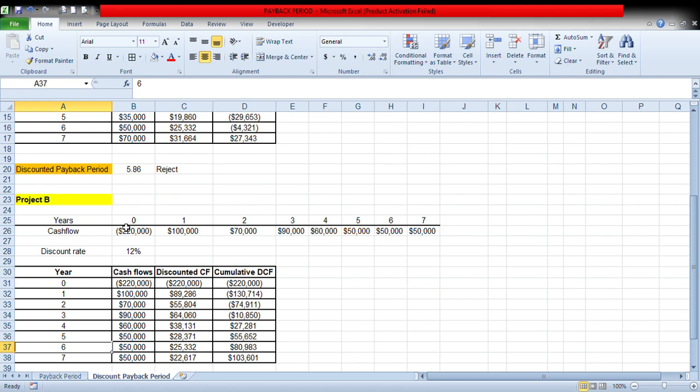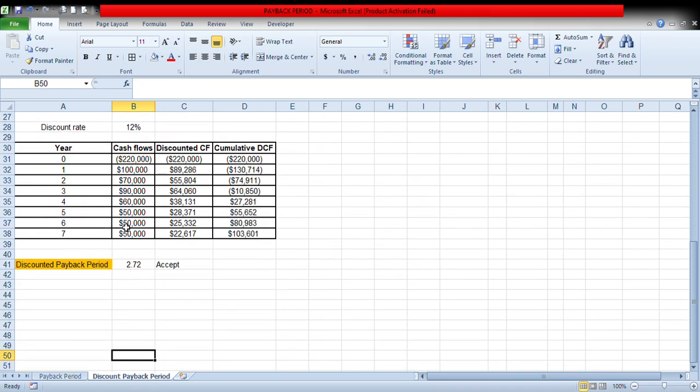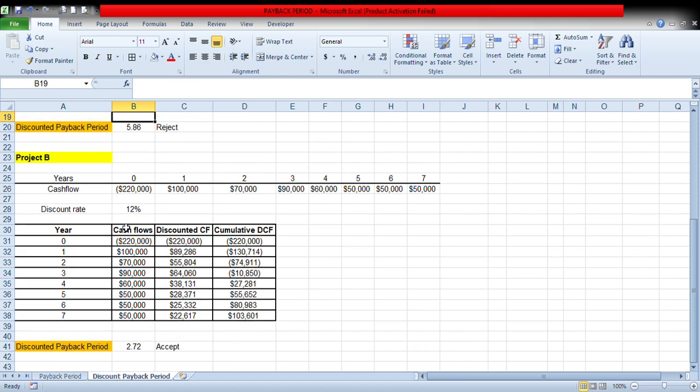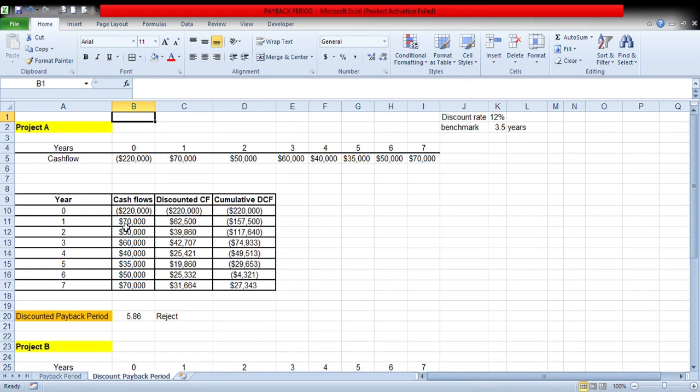We have rejected project A because it's way more than our benchmark of 3.5 years. So it is a very good technique to know which project we should accept, whether project A, B, C, however many projects, it doesn't matter.